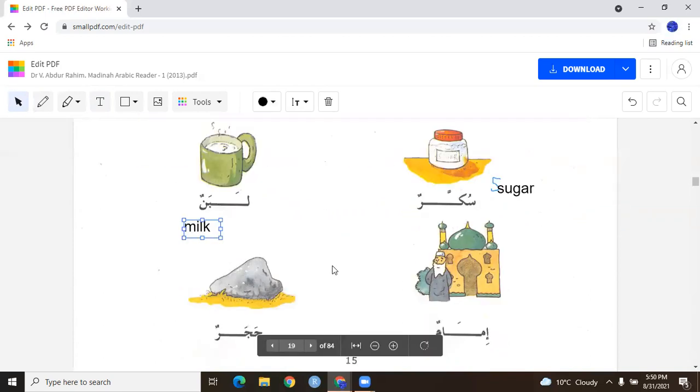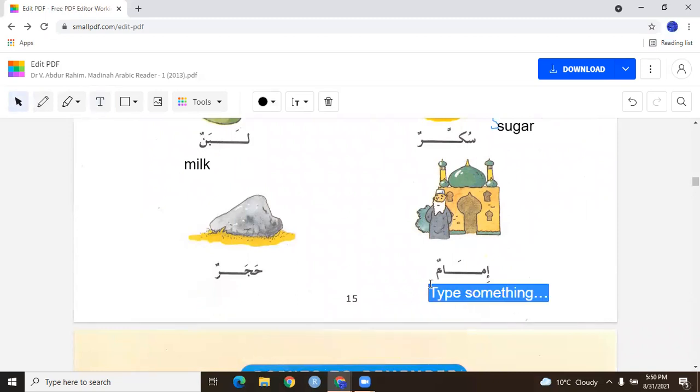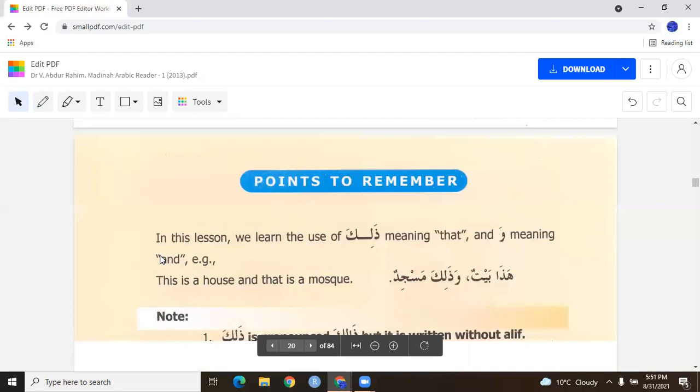Milk. Okay. Imamun is imam, the person who leads the prayer at the masjid, right? You can say priest, maybe, but you can just say imam, okay? And hajarun is? Rock. Okay, very good.